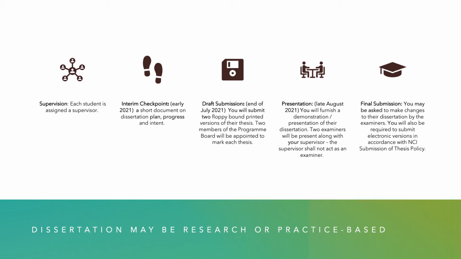But when you submit for the interim checkpoint, you need to have a question and you need to have a plan. And then you work with your supervisor, but mainly it's you that does the work because it's self-directed learning, and you will develop your research project.